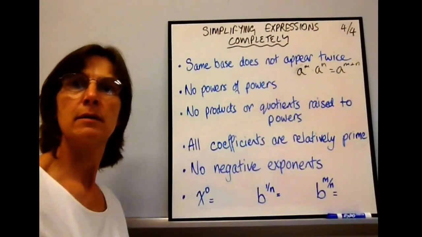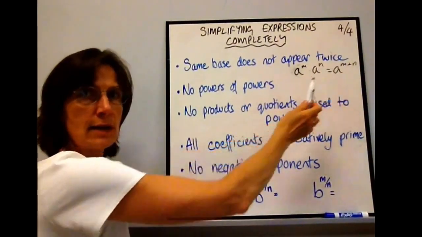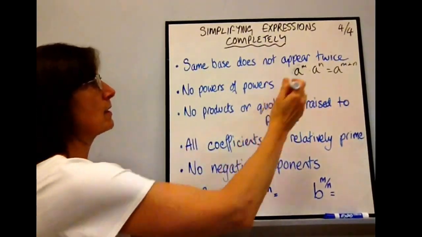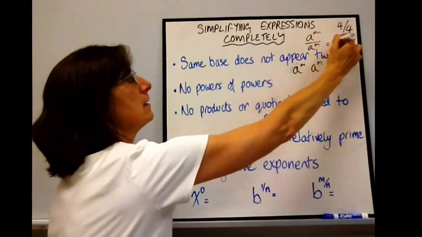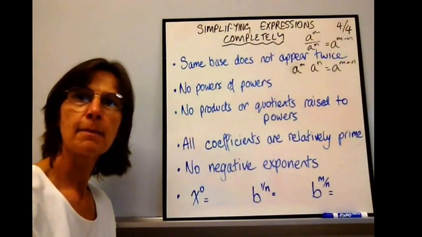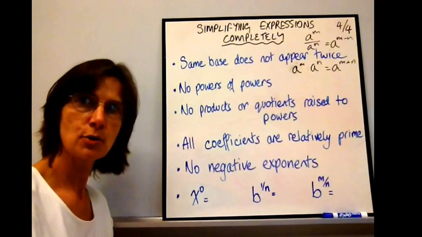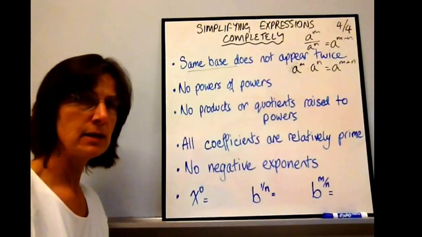Remember that property? So that means we'll only have the base appearing once because we'll add the exponents. And the other one related to that is quotients, remember? a to the m over a to the n is a to the m minus n. So we have product of powers and quotient of powers. That handles the same base not appearing twice.